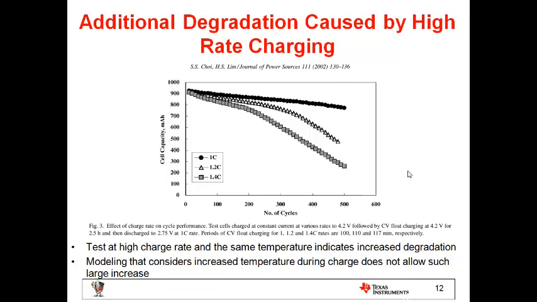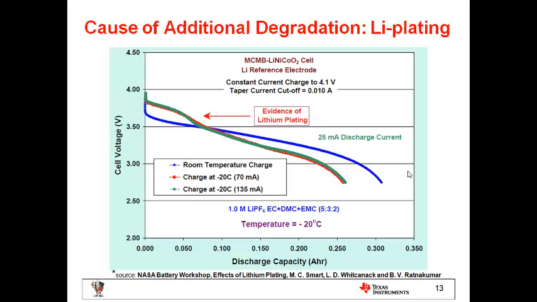Well, it is already known in the industry that when you charge a battery at low temperatures, there is an effect called lithium plating. Lithium plating is always competing with lithium intercalation for the direction where lithium will go.